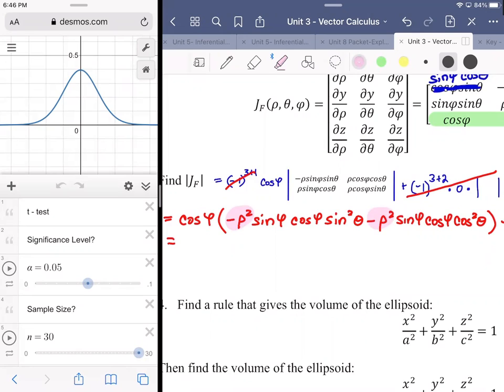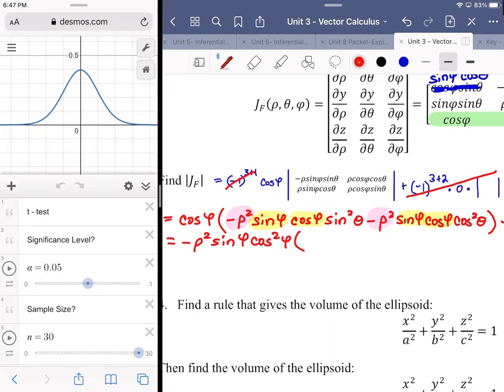So I see a common, I'll pull out a negative here, negative rho squared. I also see a common sine of phi and a cosine of phi. I'll pull those out all in one shot. So I'm going to have a negative rho squared, pulling out a sine of phi, pulling out a cosine of phi to go along with the cosine of phi that's already there to make a cosine squared phi.